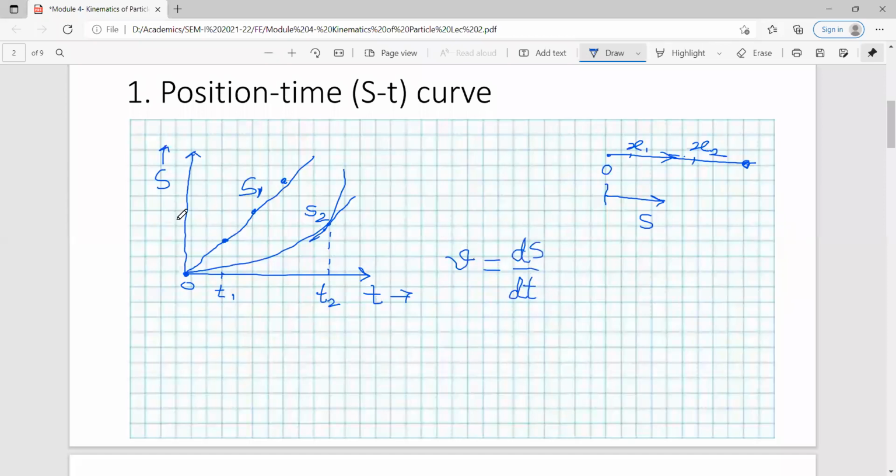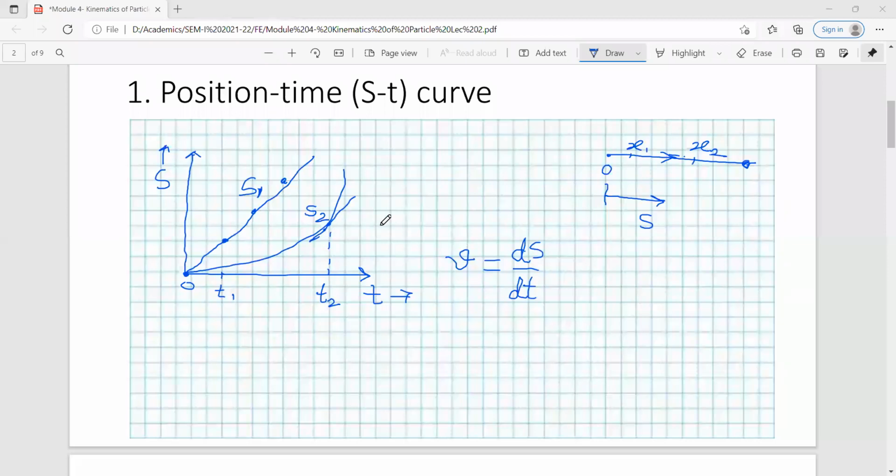On the y-axis, the quantity we have taken is displacement, and on the x-axis the quantity taken is time. So slope will obviously be ds upon dt. So you can say that the slope on the position time curve at any point gives you the velocity at that particular point.